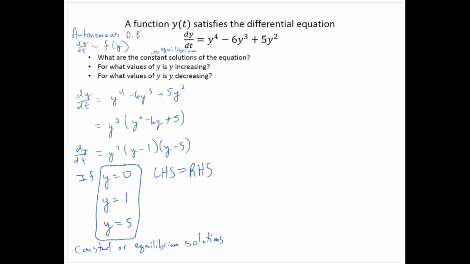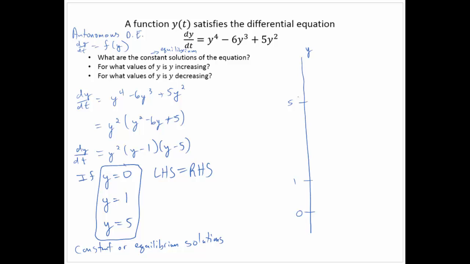Now, for what values of y is y increasing or decreasing? Well, to show this, I'm going to draw a little sketch here. So here's the y-axis, and here's y equals 0, here's y equals 1, and here's y equals 5.